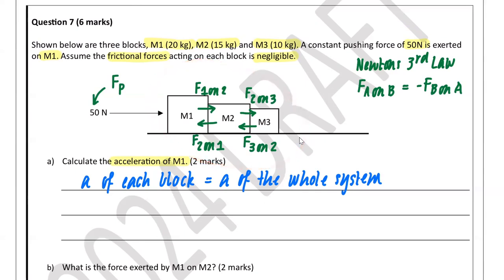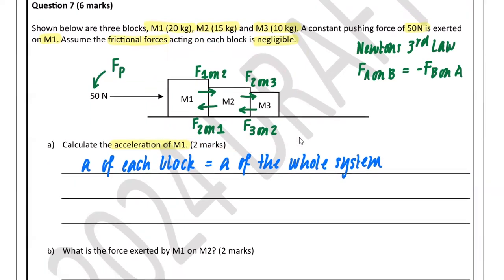The reason I've stated that first is we can actually calculate the acceleration of the whole system, and therefore we can say that the acceleration of the whole system is just going to be the acceleration of block 1. The reason why you wouldn't find the acceleration of block 1 directly is, if I isolate this body and look at what forces act on mass 1 only, you have, first off, the 50 newtons pushing it, and the force of 2 on 1.